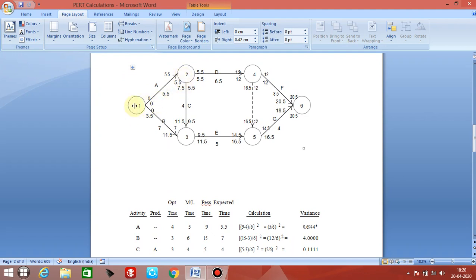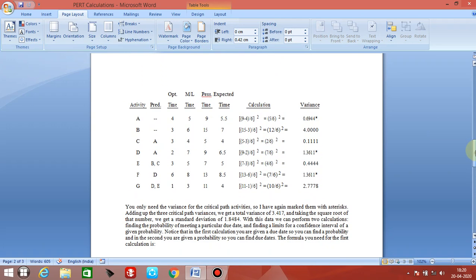So this is the critical path: 1, 2, 2, 4, 4, 6. Now for that critical path, we have activity A, activity D, and finally activity F. Sorry, F. Now here we have found all the variances, but we require only the variances of the critical path.